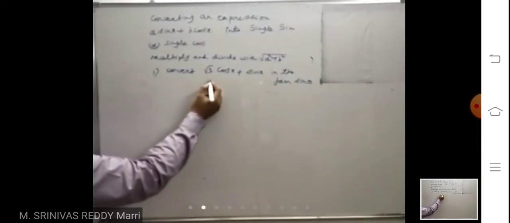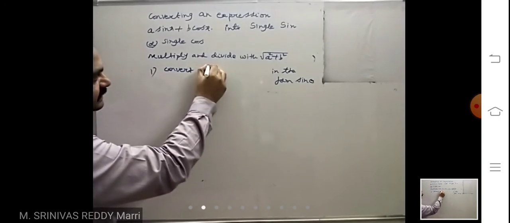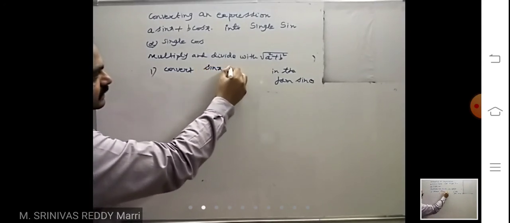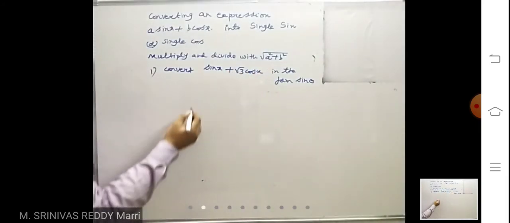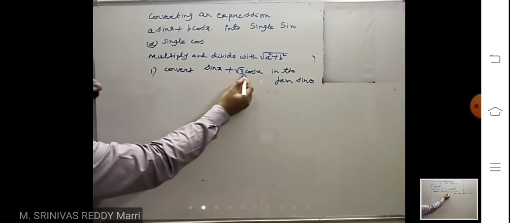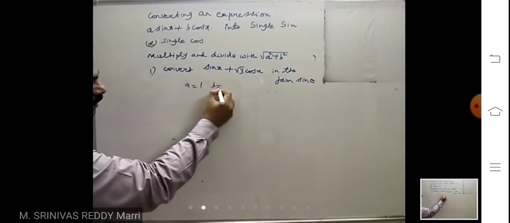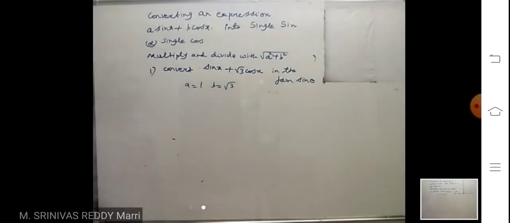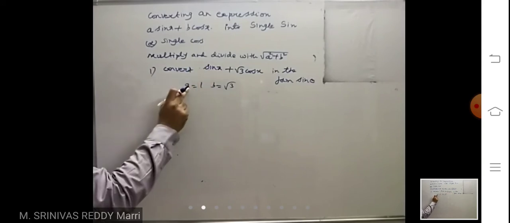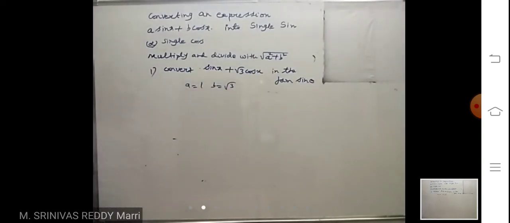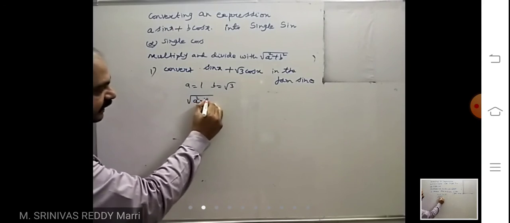What we will do is first take sin x plus root 3 cos x. Now look, this is a sin x plus b cos x. We will take a equal to 1, b equal to root 3. Before sin you take a, before cos you take b. Now find root of a square plus b square.